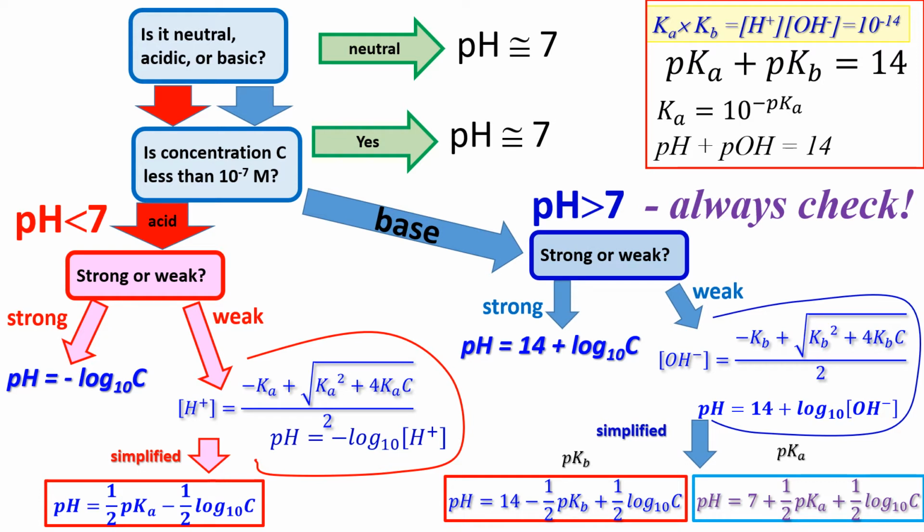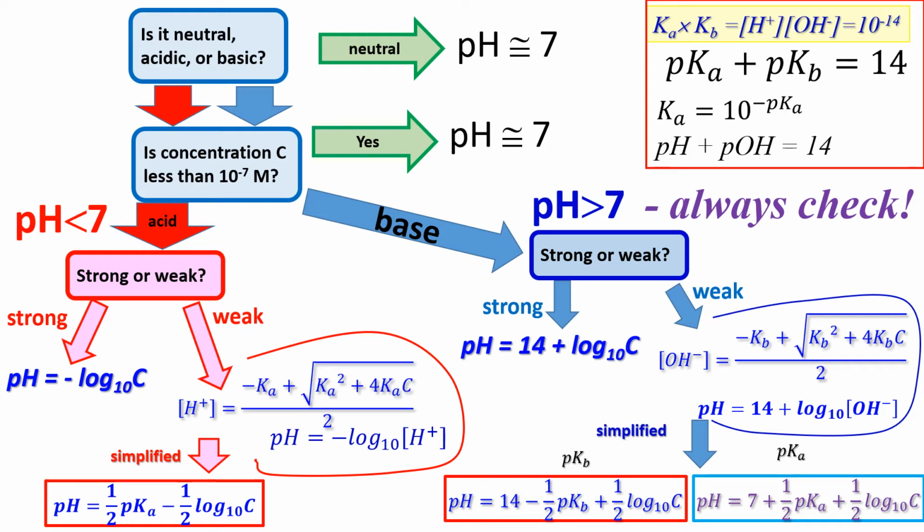For the calculations, we are using these simple formulas coming from the fact that the acidity constant and basicity constant of the same compound, when multiplied, produce the ion product of water, H plus multiplied by OH minus, and it is equal to 10 to the negative 14 at room temperature.